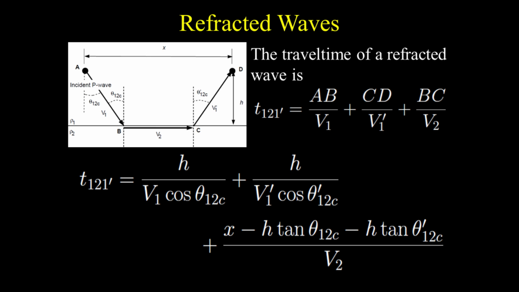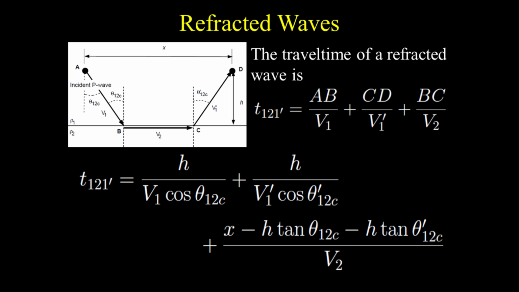Finally, from C to D, V1 prime represents the velocity of either an incident P wave or S wave. That is, V1 prime equals P wave velocity of the top half space for an incident P wave. V1 prime equals S wave velocity of the top half space for an incident S wave.